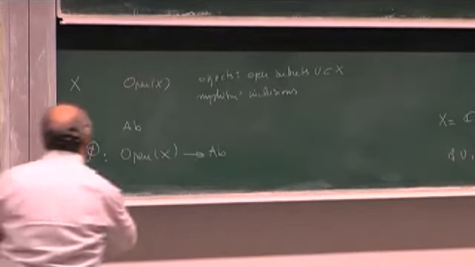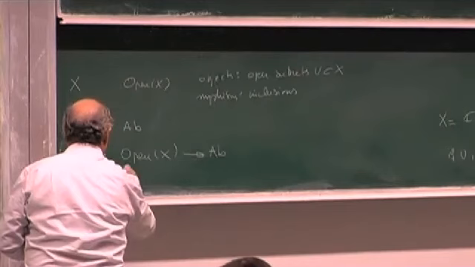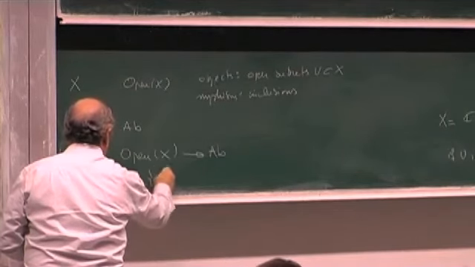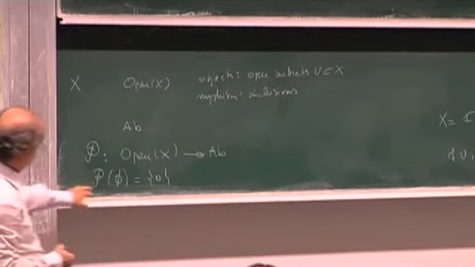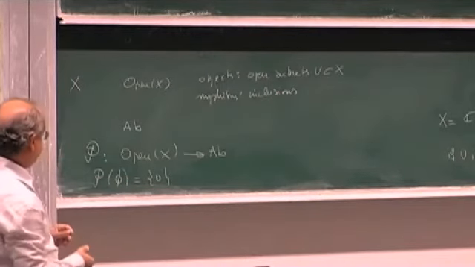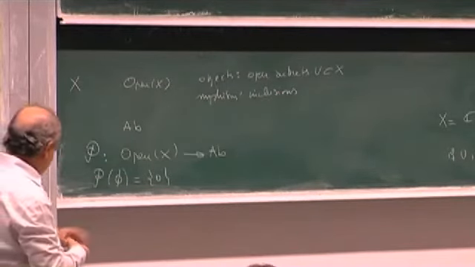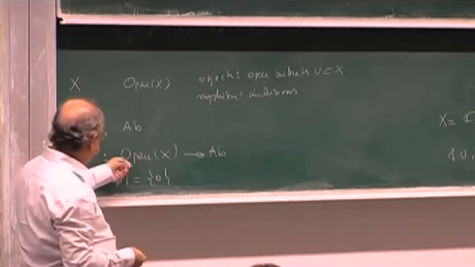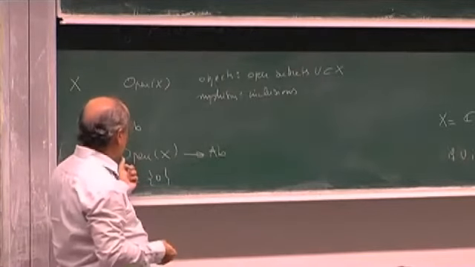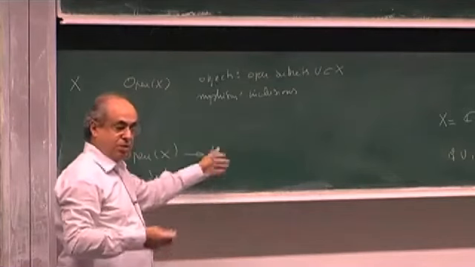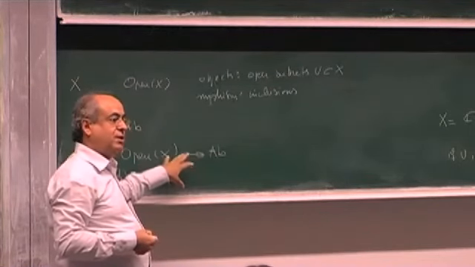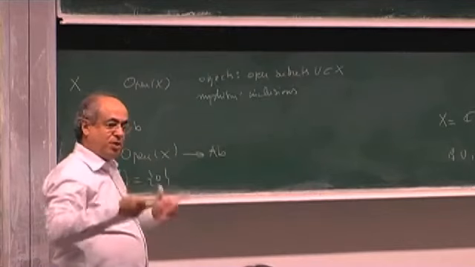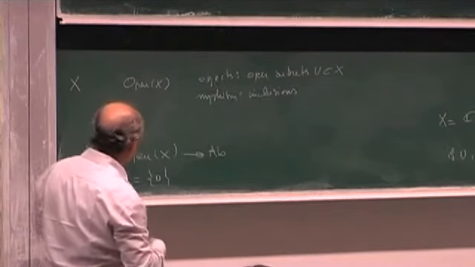with the additional assumption that P of the empty set is the trivial group. So this means, as we know, that to every object here, to every open subset, we associate an abelian group, as we said. This is what avoids using the terminology of an assignment, which is not so nice.